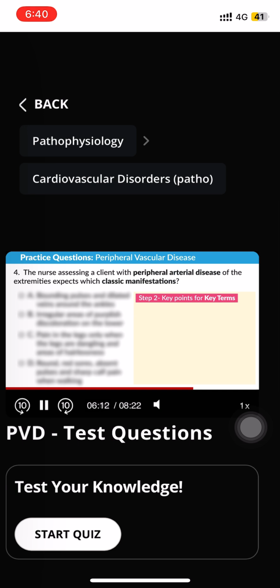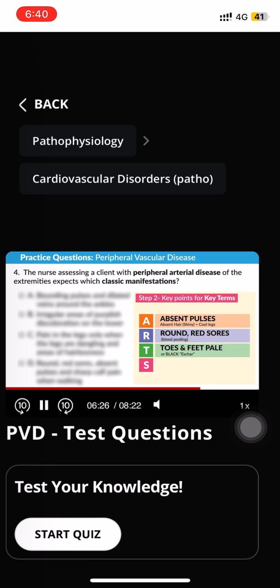So as you remember, the manifestations of PAD, we use the memory trick ARTS, because remember, arteries are the problem here. So we have an absence of pulses, round red sores, toes and feet that are pale or even black, known as eschar, and sharp calf pain, huge test tip there, as intermittent claudication.